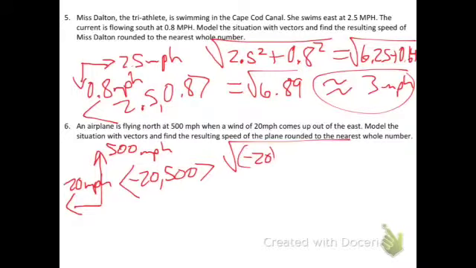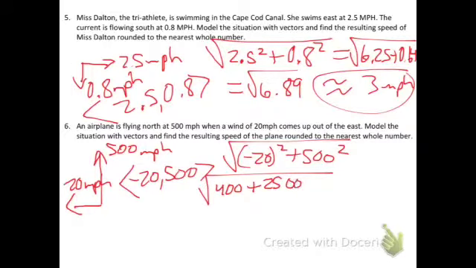So take negative 20, square that. Take 500, square that. And negative 20 squared is 400. 500 squared is 25 with 4 zeros, so 250,000. If you combine those together, we'll now be looking at the square root of 250,400.